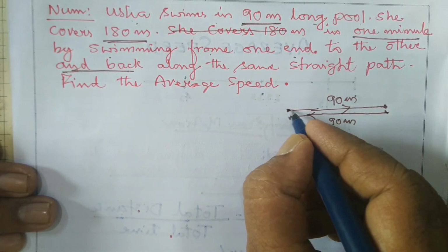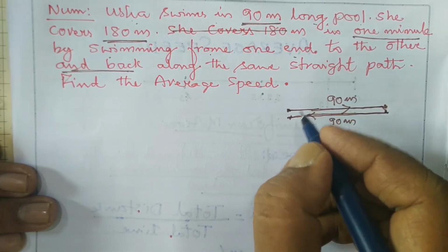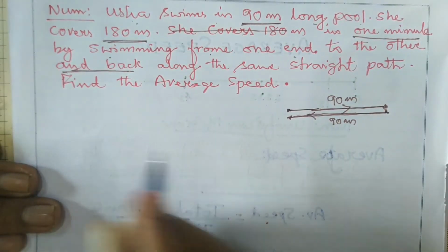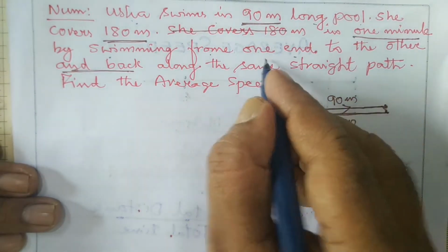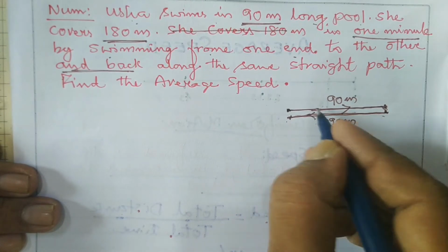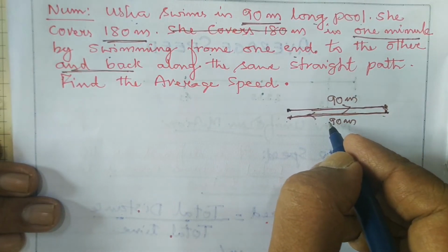So if she covers like this and coming back, it will become 180 meter. That only they have given. Now you can easily imagine and tell me what is the total distance covered from one end to the other and back. One end to the other and back, 90 plus 90 is total distance covered.